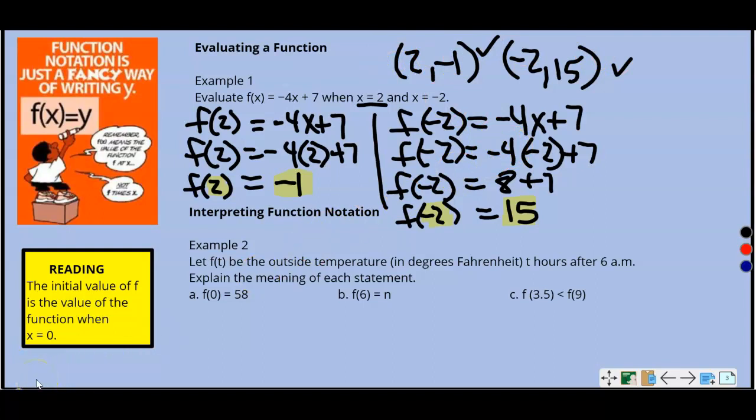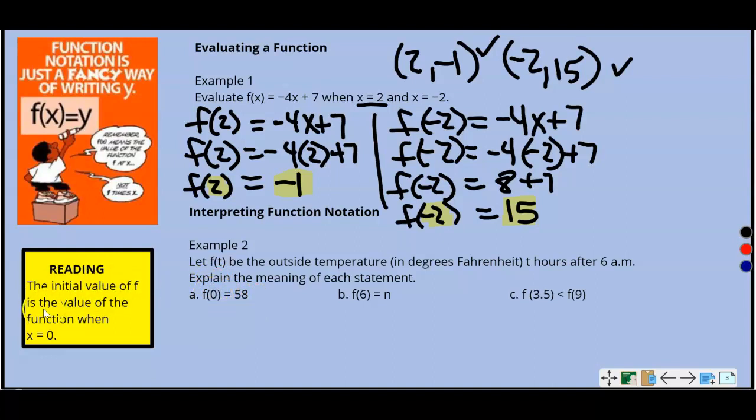All right, for example 2, we are simply explaining the meaning. It says, let f of t be the outside temperature in degrees Fahrenheit t hours after 6 a.m. Explain the meaning of each statement. So we're explaining what f of 0 equals 58 means. When you're reading function notation and you have a 0 here, that indicates the initial value.